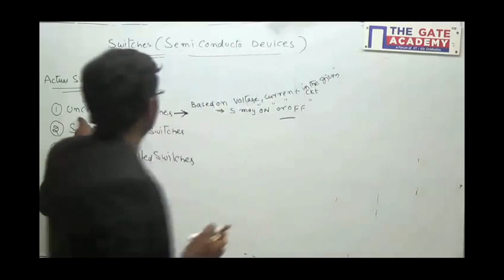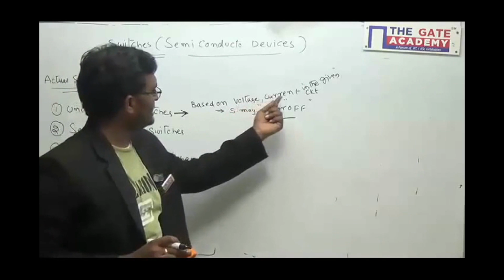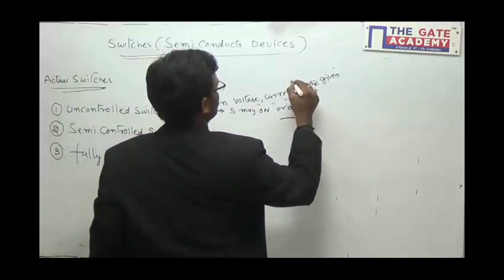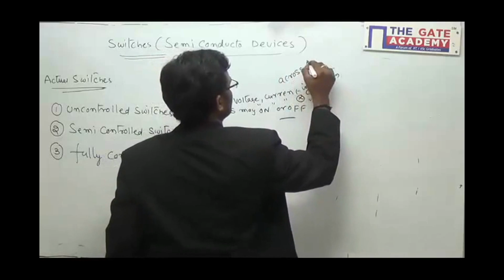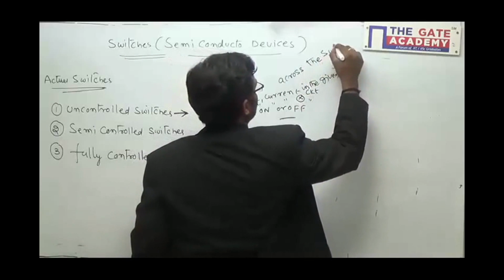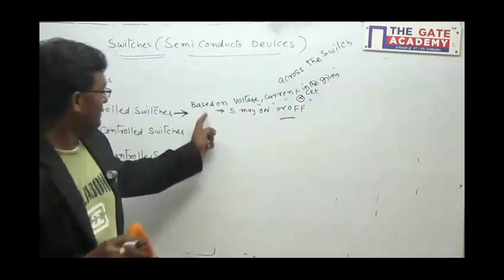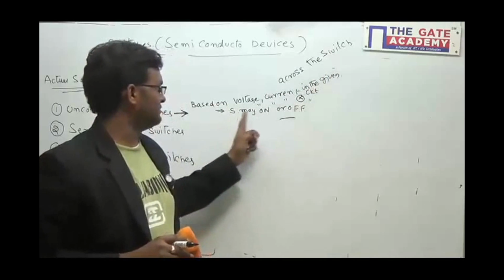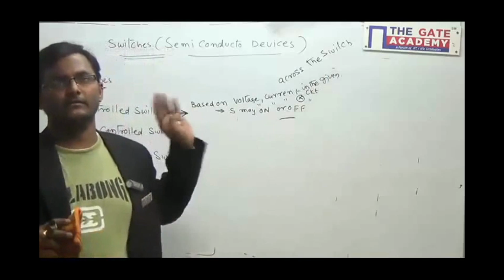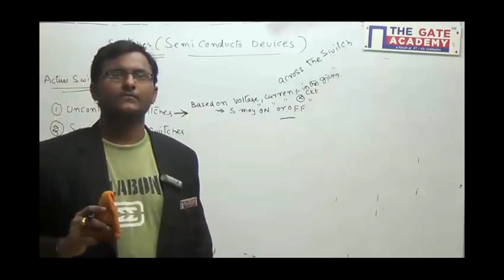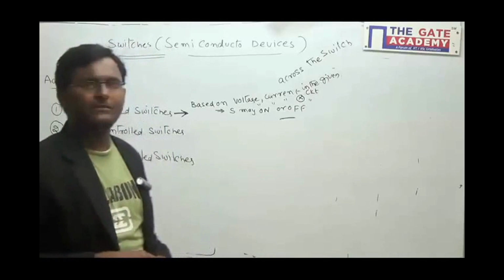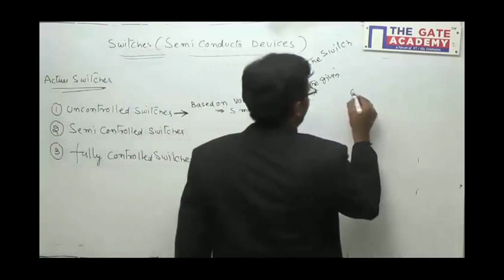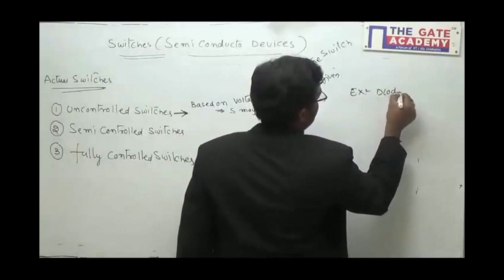So uncontrolled switch means, based on the voltage and current across the switch in a given circuit, the switch may be on or off. Nothing is in our hand. What is the example for this switch? We have already seen. Uncontrolled switch: diode. The example is diode.